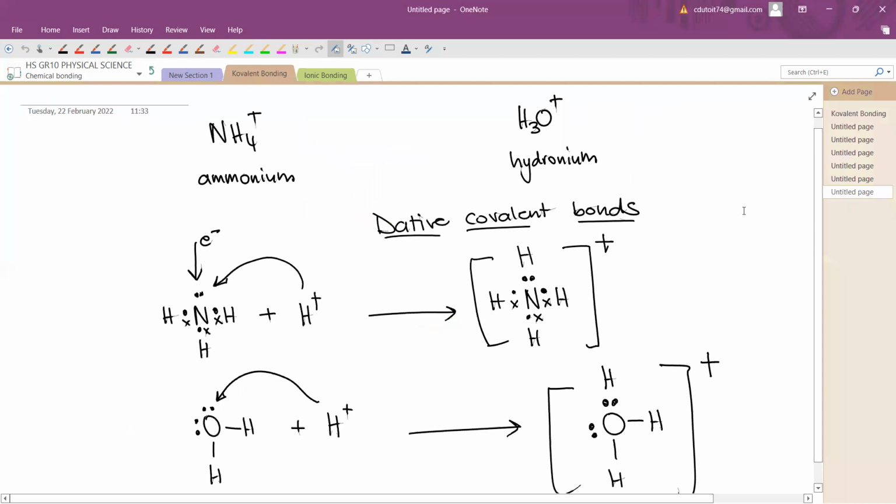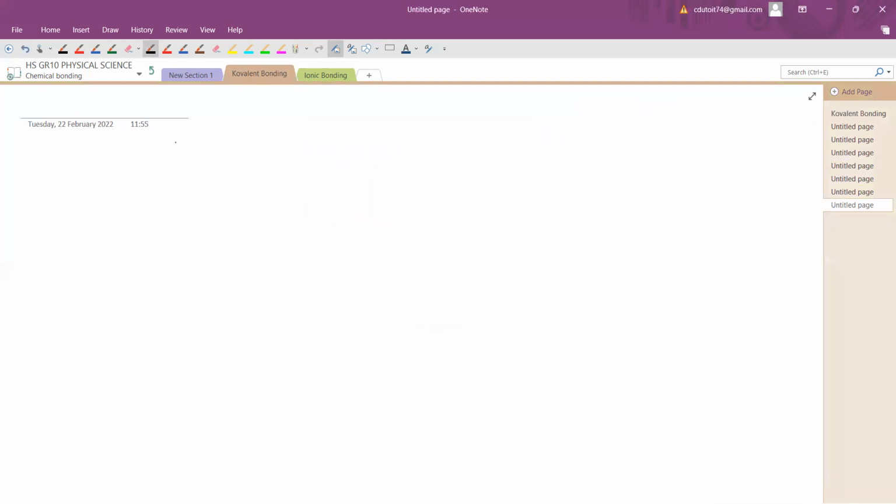I want you to do the following on your own. I want you to draw a Lewis diagram for water and one for CO2 quickly. See if you can remember what I taught you. The first thing you want to ask yourself: is it just a Lewis diagram or are there 3 steps?